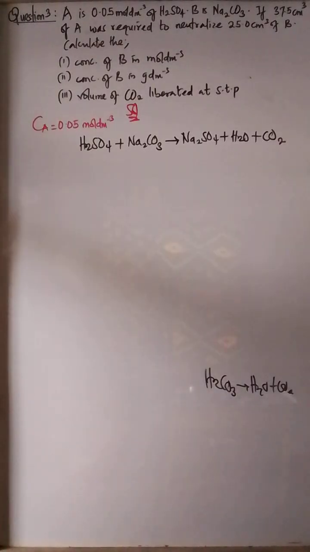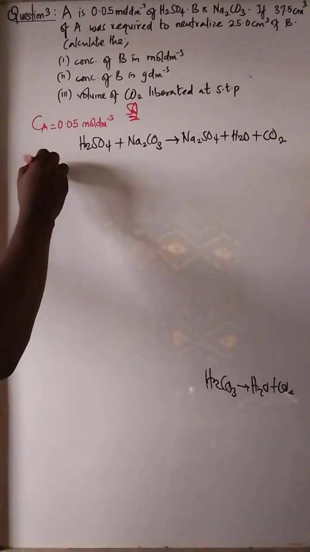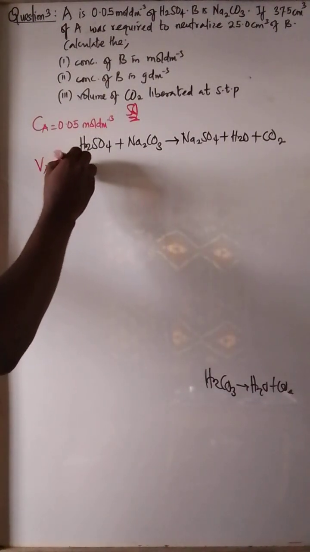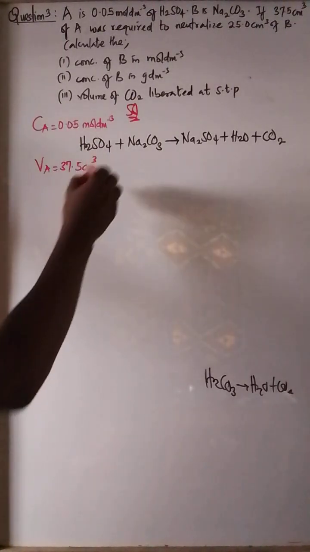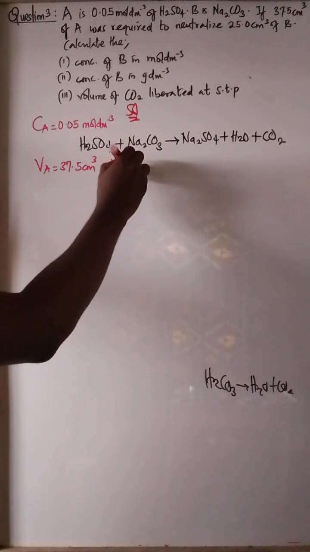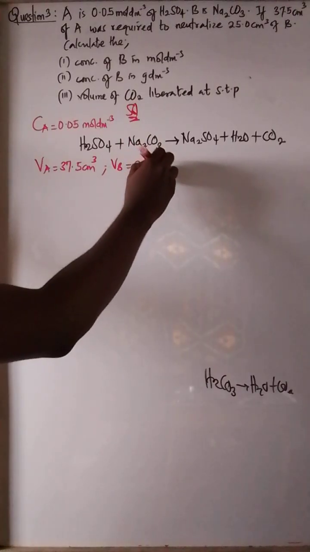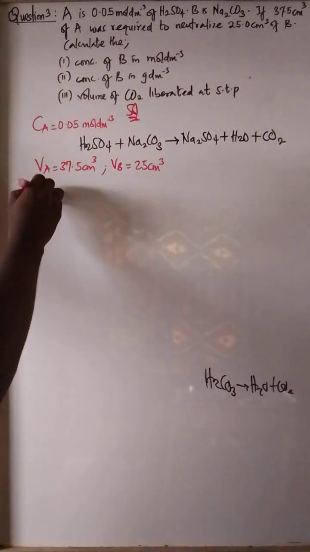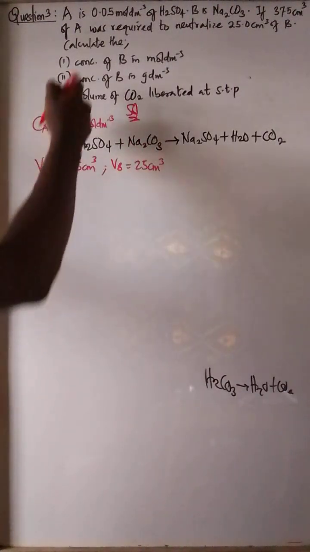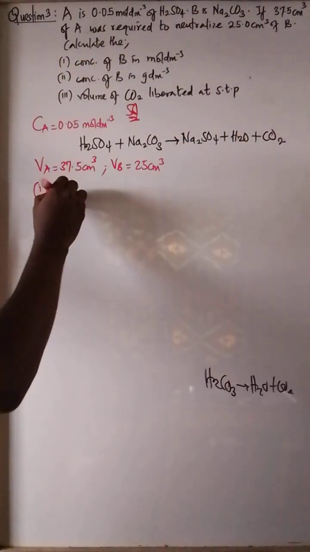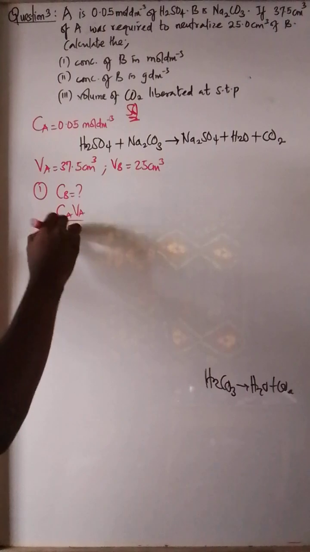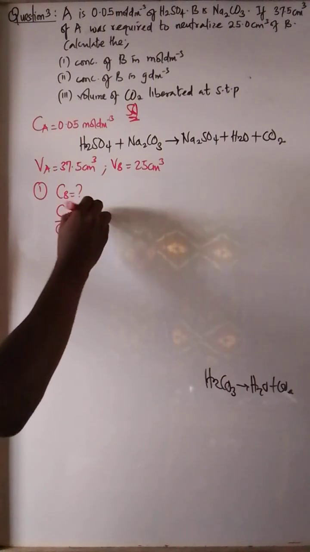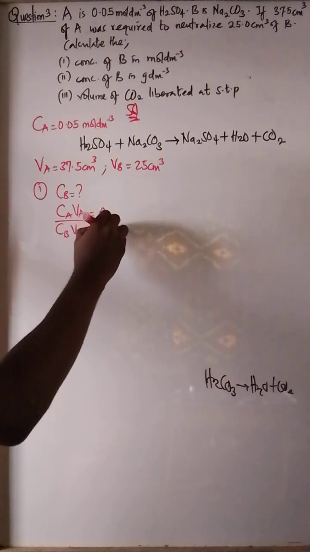If 37.5 cm cube of A, meaning Va is 37.5 cm cube, was required to neutralize 25 cm cube of B, that's Vb, calculate the concentration of B, Cb. Very simple: CaVa over CbVb equals Na over Nb.